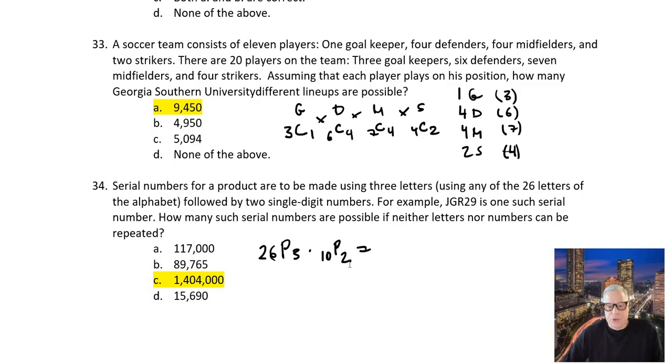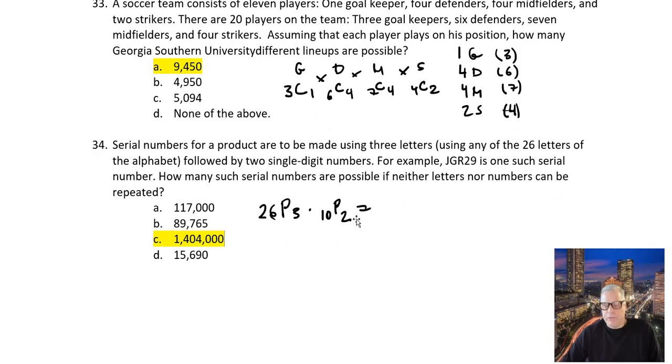All right. So that is a review again of combinations and permutations. And just again, if the numbers or letters could be repeated, then of course the solution would be different. Alternatively, if you can have a serial number like AAA00, then what would be the answer?